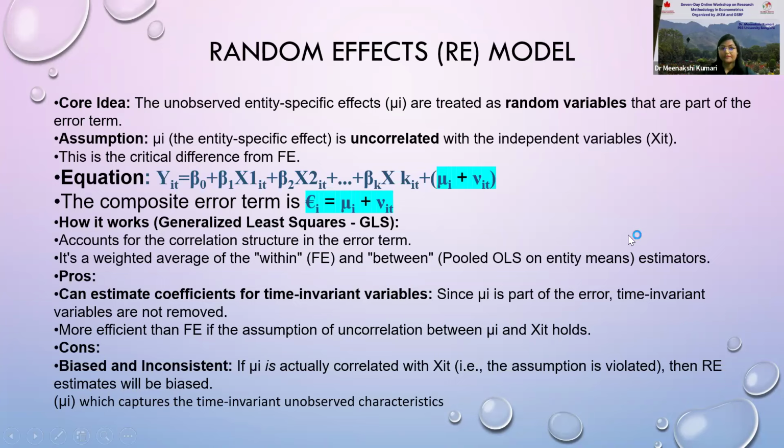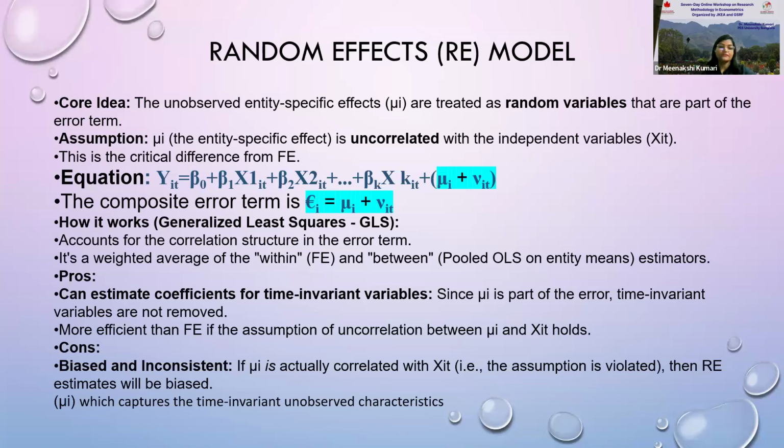And if we see the benefits of this random effect, it can estimate coefficients of time-invariant variables. Since mu i is taken as a part of the error term, it's not taken separately, and time-invariant variables are not removed in this case.